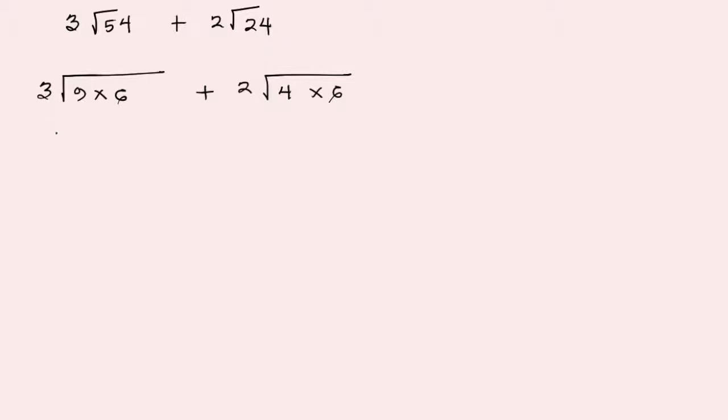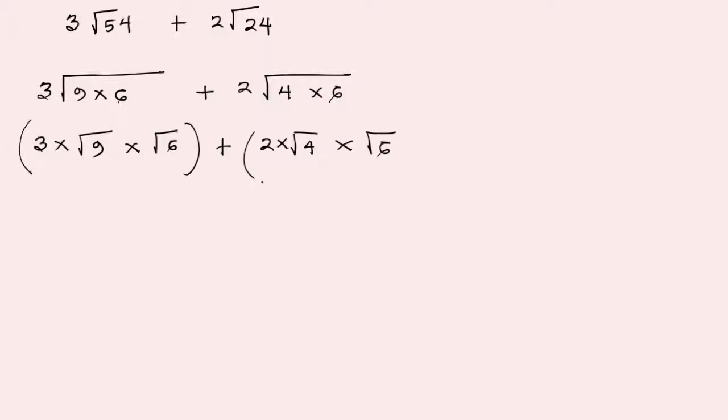So if we further solve this, we have 3 multiplied by the square root of 9 multiplied by the square root of 6, plus 2 multiplied by the square root of 4 multiplied by the square root of 6. And so this becomes 3 multiplied by 3, square root of 9 is 3, multiplied by the square root of 6, plus 2 multiplied by the square root of 4, which is 2, multiplied by the square root of 6.